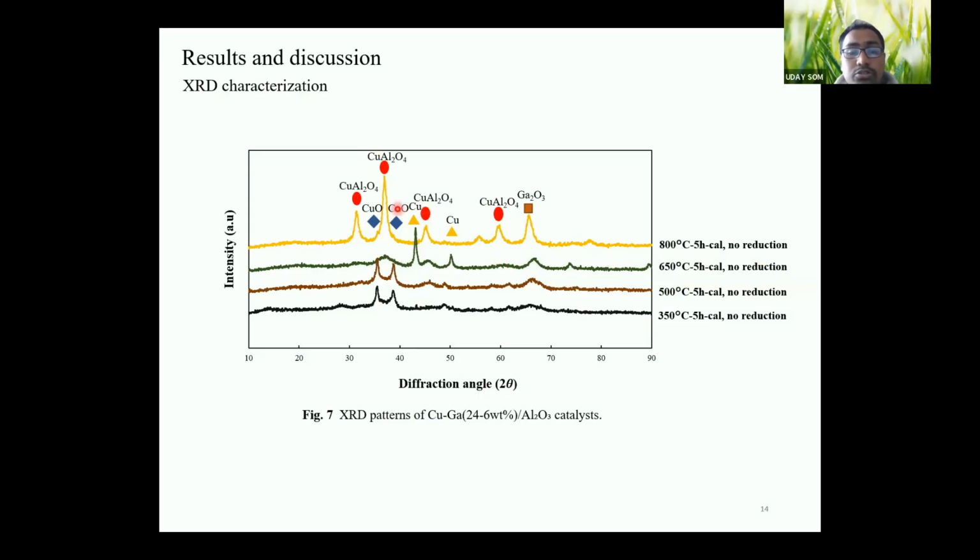The copper oxide showed a higher peak at lower temperatures with higher crystalline size. So the copper shows a higher peak for higher temperature, for the copper-based catalyst.